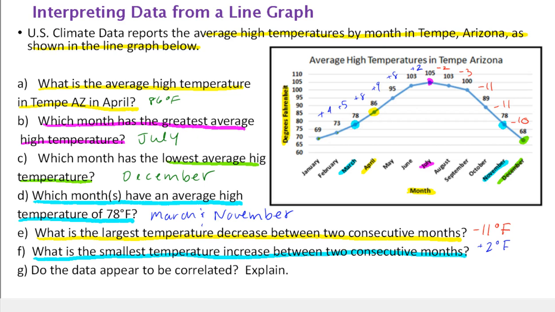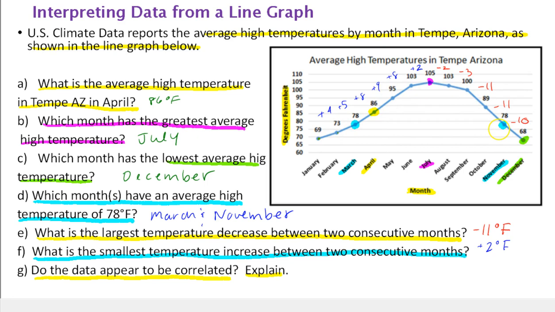Now we have the question, do the data appear to be correlated, and explain? Data are correlated if you can see obvious patterns of increase or decrease. Now this entire graph isn't increasing or decreasing. We said it's increasing here and it's decreasing here.